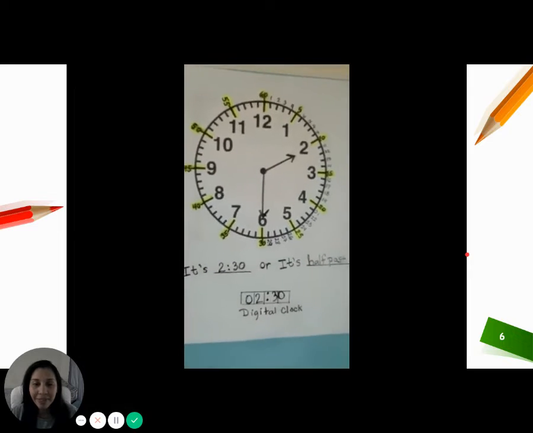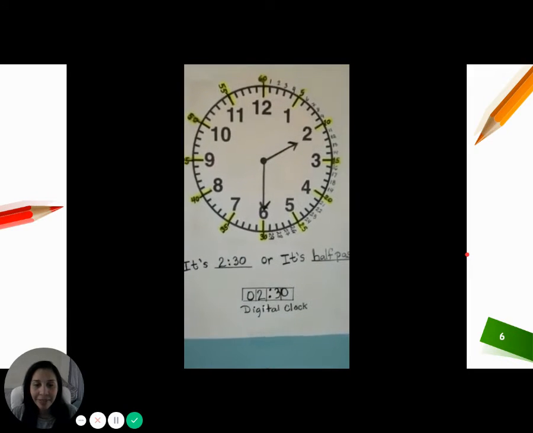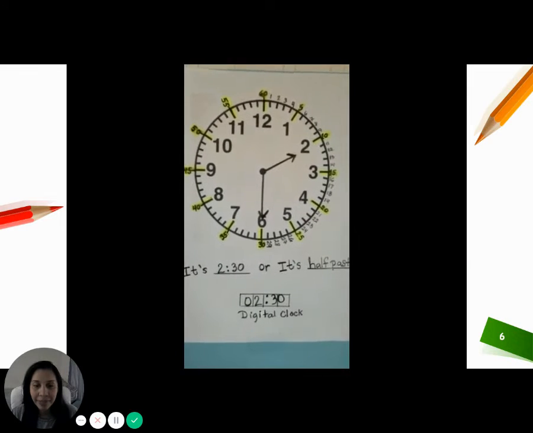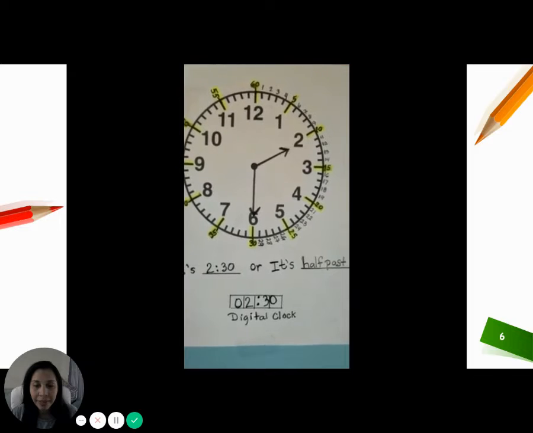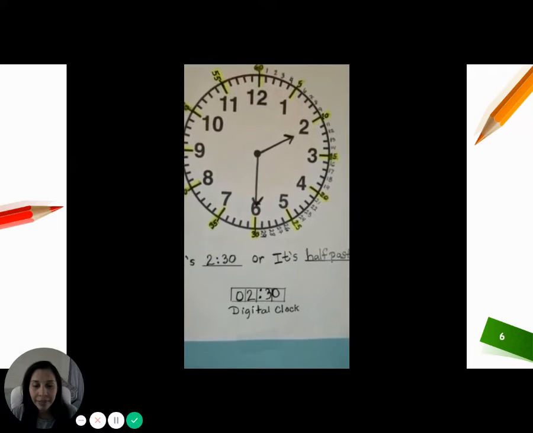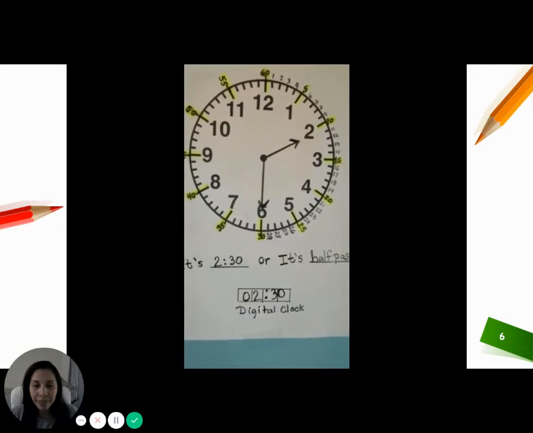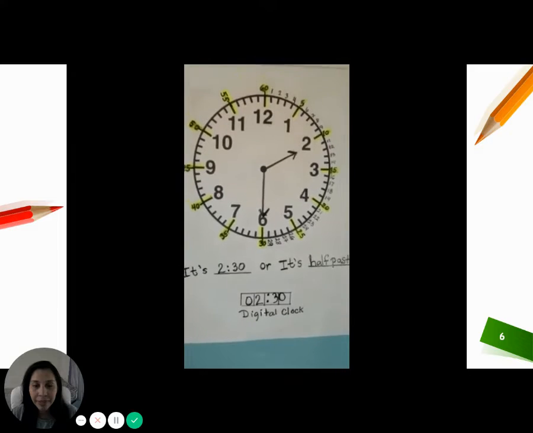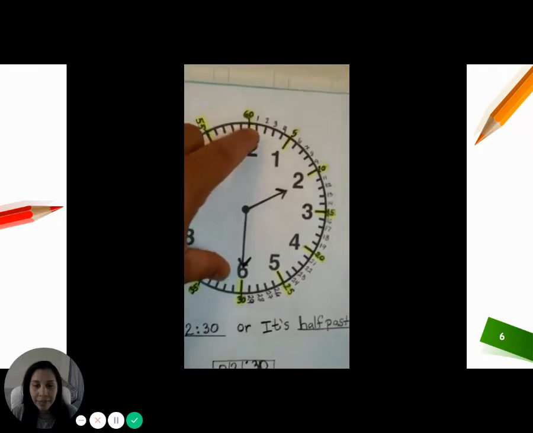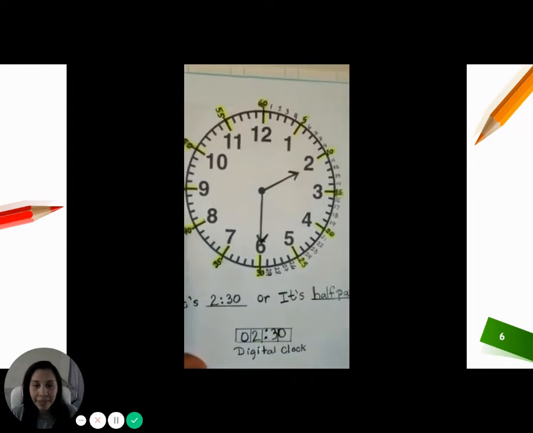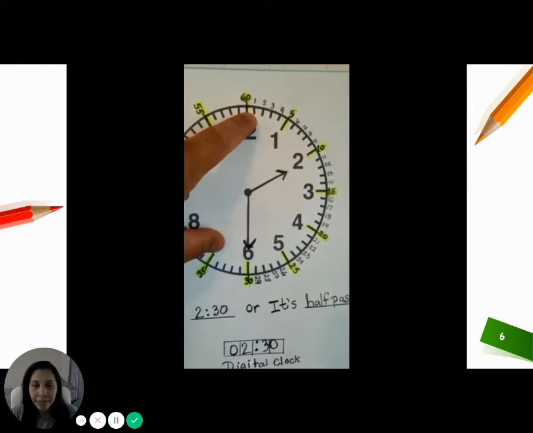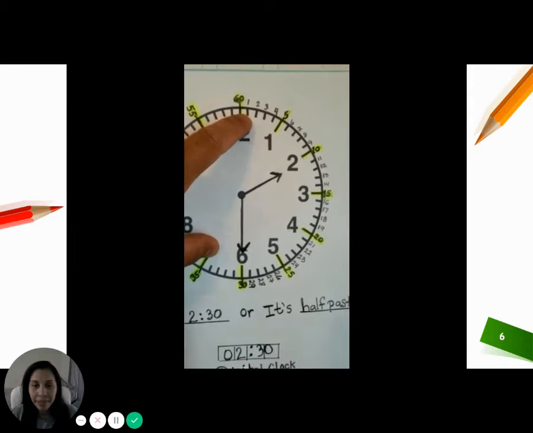Hello, let's continue with the analog clock. You have learned already when it is 1:15 or 1:45. You know, 1 hour is equal to 60 minutes. And each of these short lines shows 1 minute.